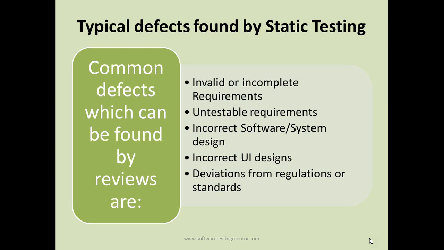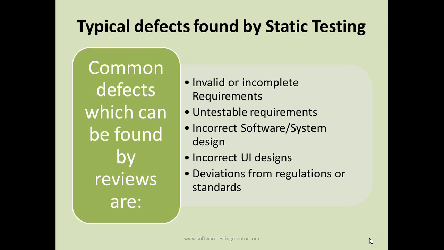Whenever you are doing software development, there are many standards and regulations that need to be followed nowadays. For example, accessibility. If you are developing an application for specific users, the accessibility standard has to be met.